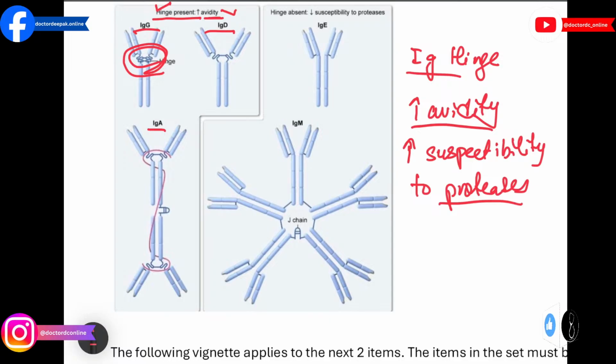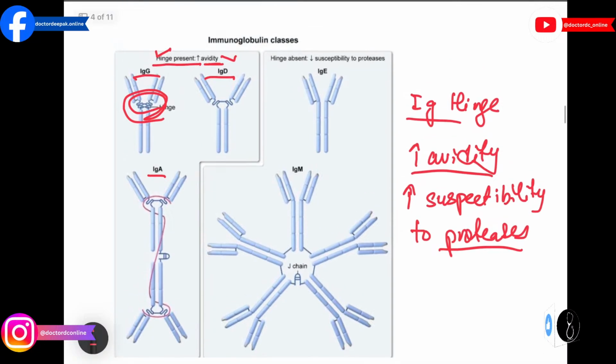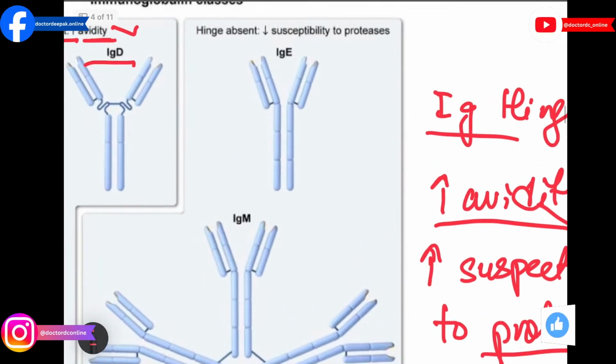And if we talk about the structures, immunoglobulins are composed of a pair of heavy and light chains. The light chains have a variable and a constant region. Heavy chains have a variable region and 3 or 4 constant regions, depending on the immunoglobulin type.